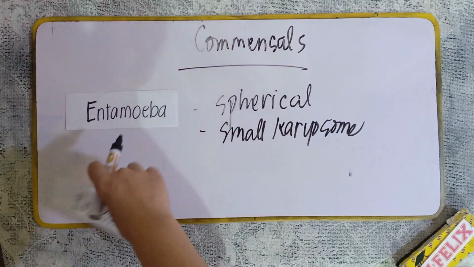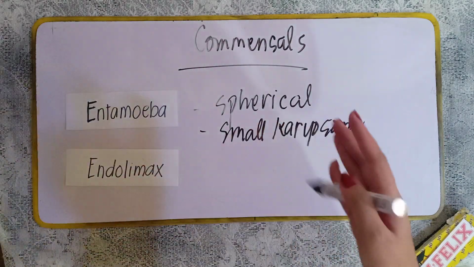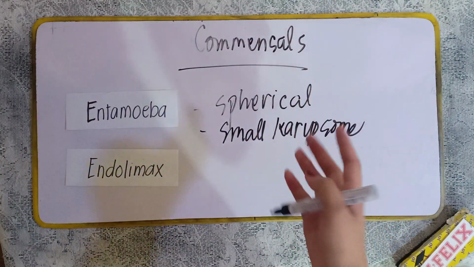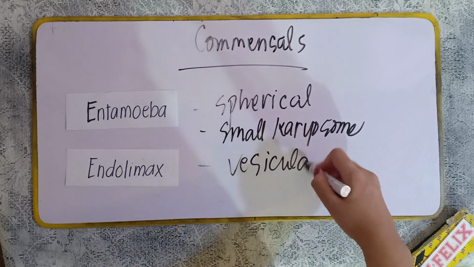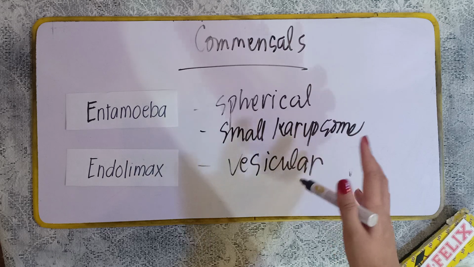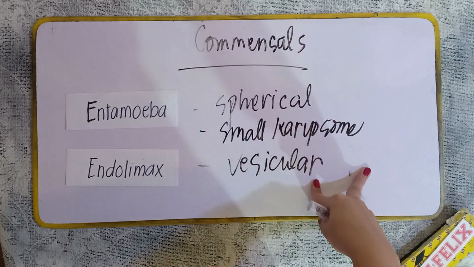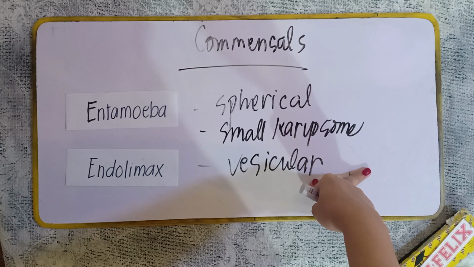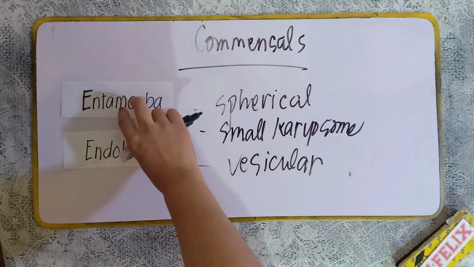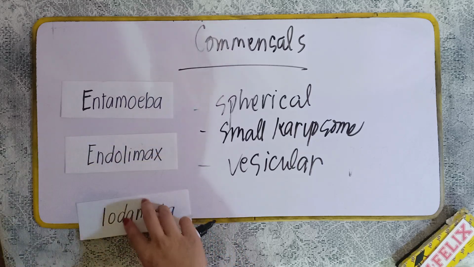Then number two, we have your Endolimax. Your Endolimax naman class, they have a vesicular nucleus, with a relatively large and irregularly shaped caryosome anchored to the nucleus by achromatic fibrils. And then, lastly, we have the Iodamoeba.